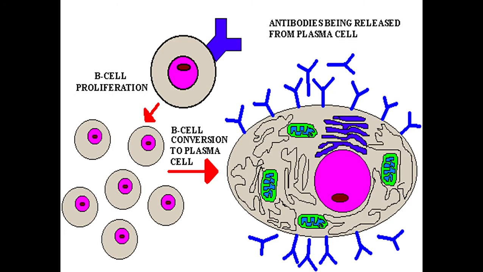We have here an illustration of the B cell proliferation or the replication of the B cells upon stimulation, and later on they will be converted to plasma cells to produce antibodies. So take note, it is the plasma cell that produces antibodies.